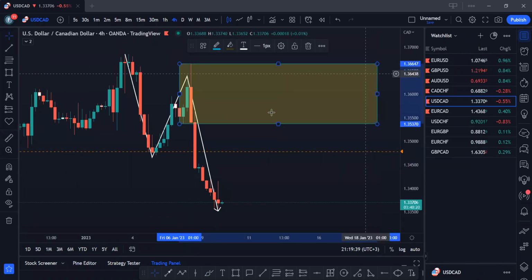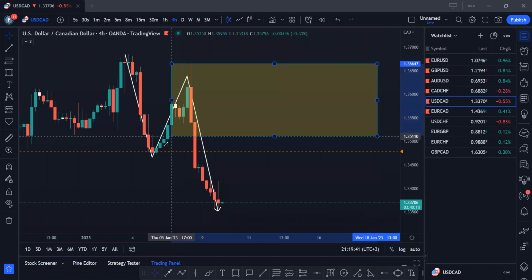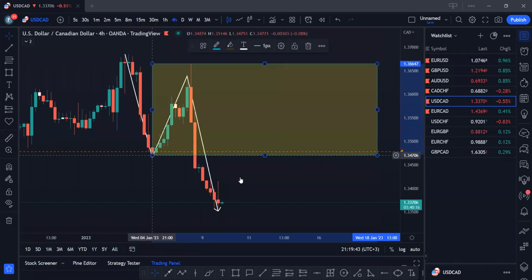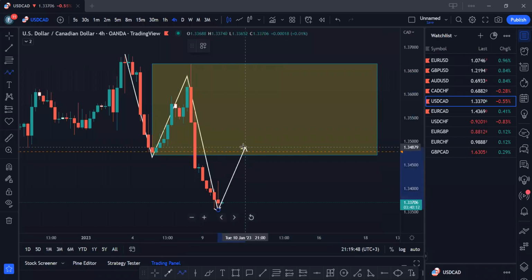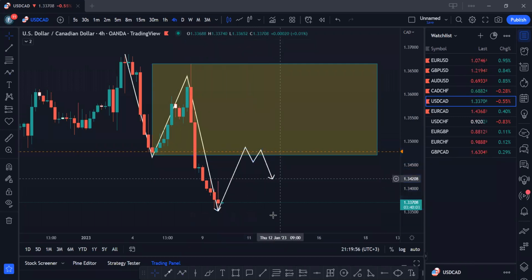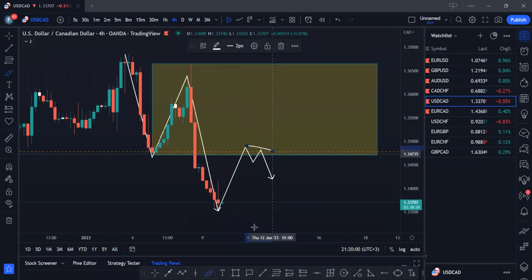Or if you want to take the whole range, like I'm considering, you want to take the whole range. So when price retraces into this space, you look for people to want to sell first. So you will not enter, you wait for liquidity to be taken out, wait for price to take out liquidity.